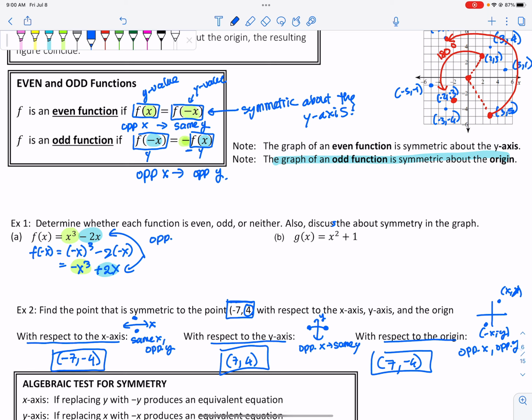Opposite input x, opposite output y. So when this happens, the graph is going to be symmetric about the origin. And in terms of whether it's odd or even, opposite x, opposite y is going to be an odd function.